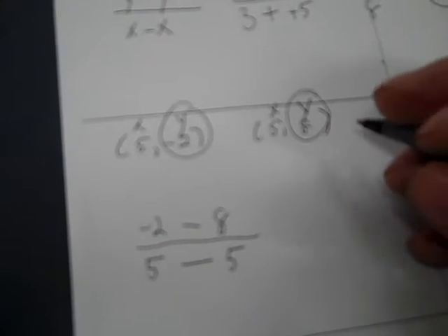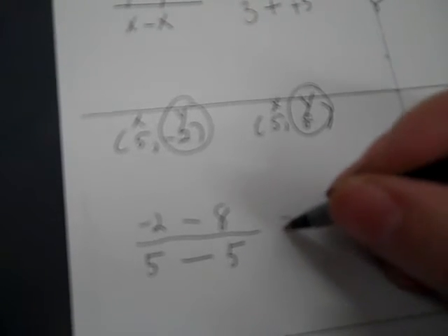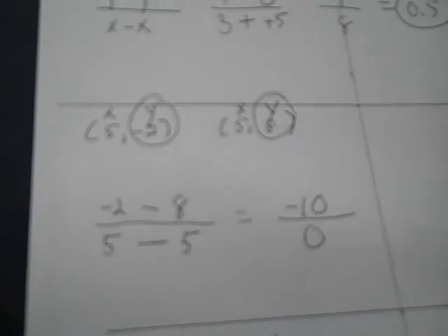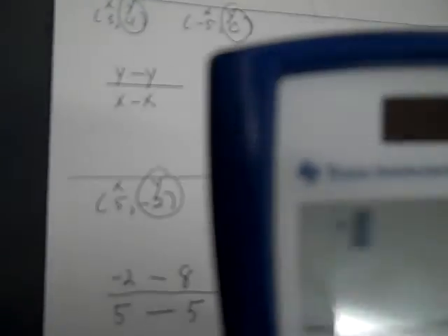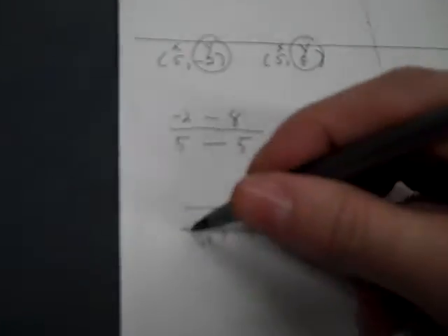Negative 2 minus 8 is how I would punch that into my calculator, and that gives me negative 10, and then 5 minus 5 is 0. Negative 10 divided by 0 is an error, so the slope is what we call undefined. Meaning it's one of those lines that looks like straight up and down, so there's no way it goes over. Okay, I can't read that next one, so I'm not going to do it.